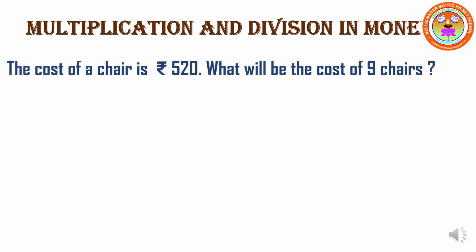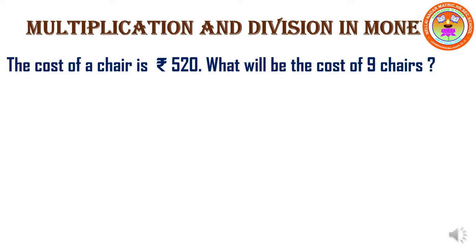Children, in today's class, we are going to learn about multiplication and division in money. For that, we'll make use of a word problem. Here, the cost of a chair is rupees 520. What will be the cost of 9 chairs?